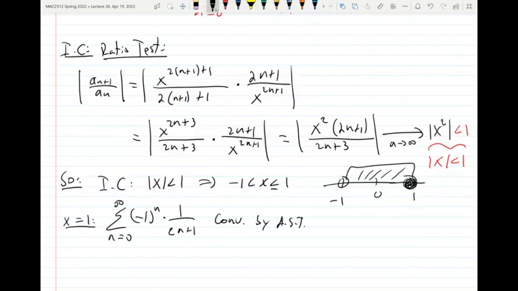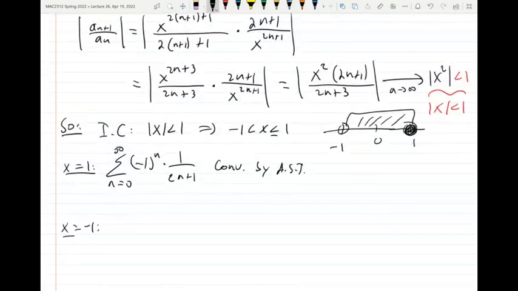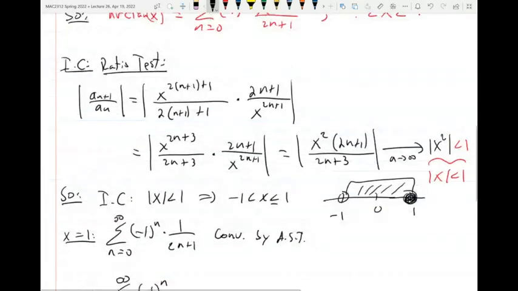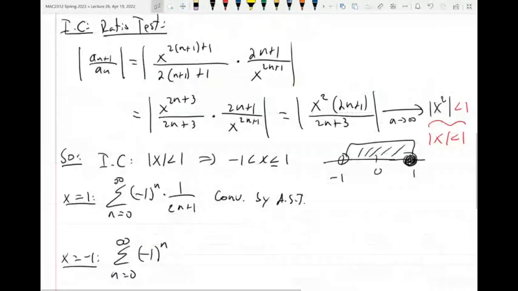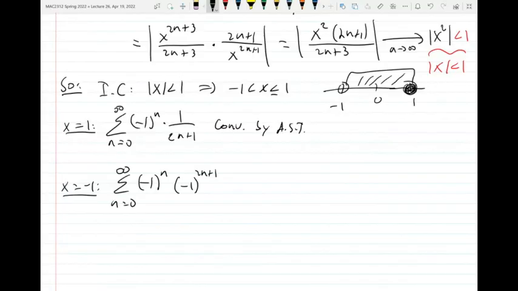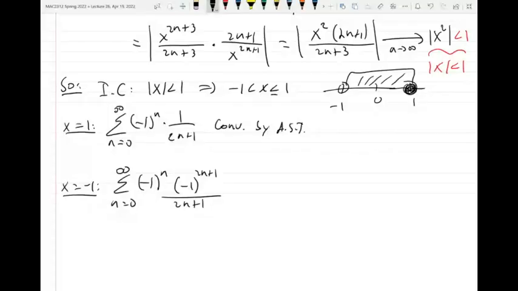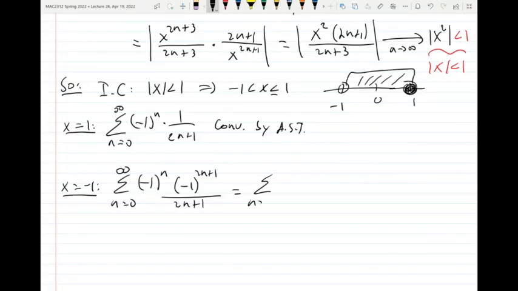So include this one. Now for x equals -1, what do we have? We have the sum from 0 to infinity of -1 to the n times -1 to the 2n+1 over 2n+1. What is this? The 2n+1 is always an odd number, right? So -1 to an odd number will always be -1. So it's the sum from 0 to infinity of -1 to the n times -1 over 2n+1.